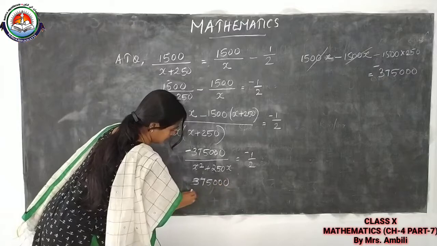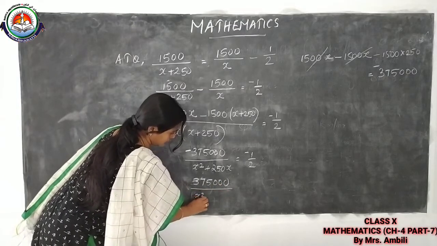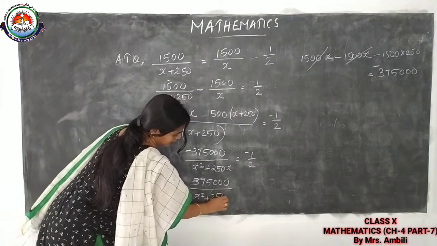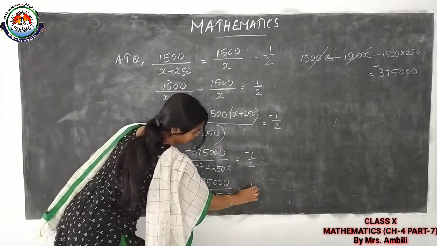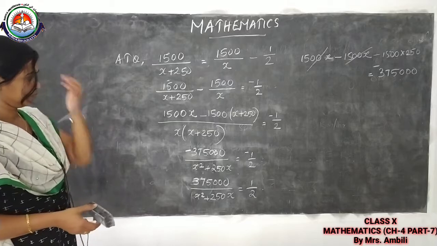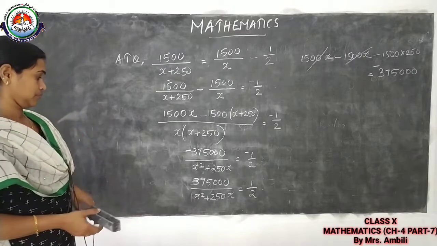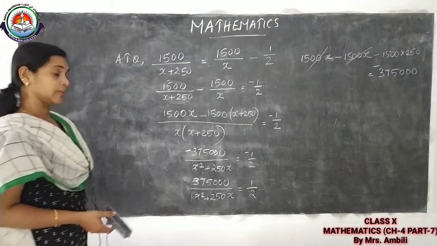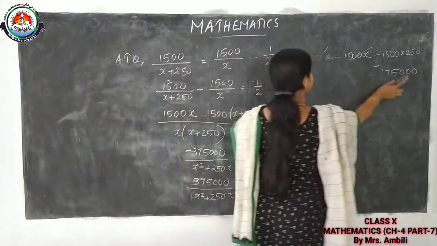3,75,000 divided by x square plus 250x equal to 1 by 2. Okay, then next we can cross multiply.